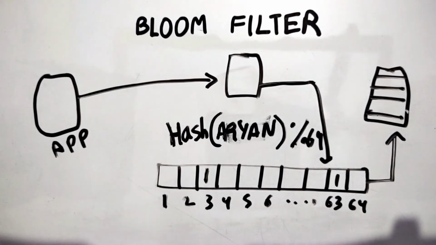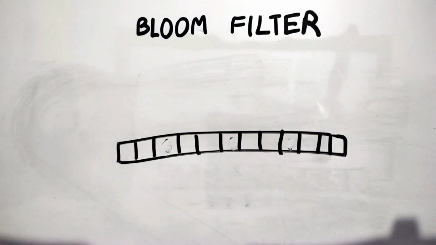So we have to keep in mind that this is not perfect, but at the same time, many database queries can be saved if we implement it efficiently. So let me show you another case where this can be used.